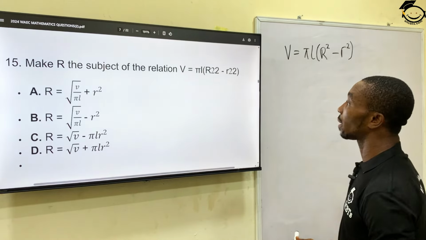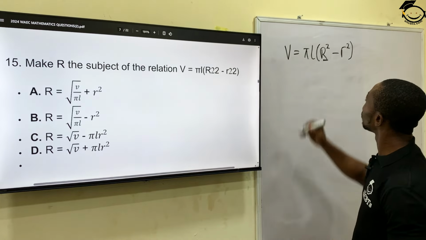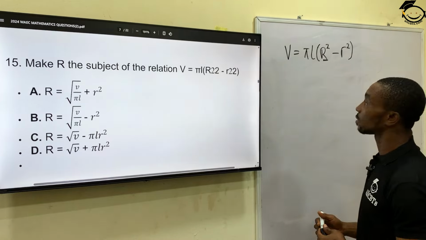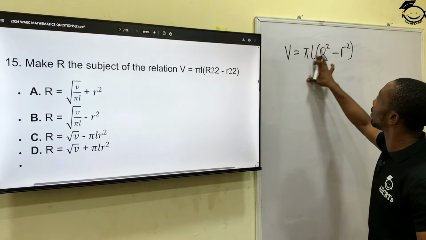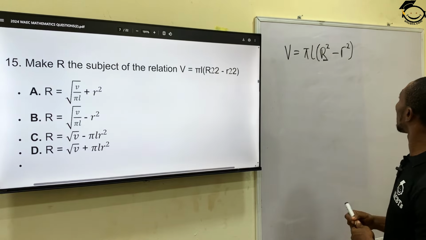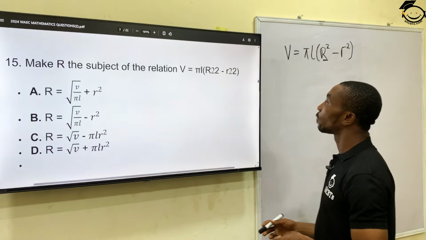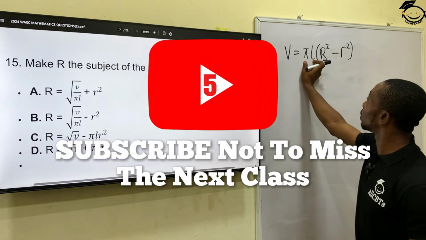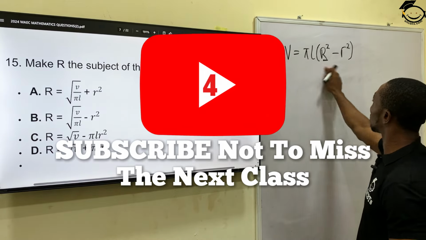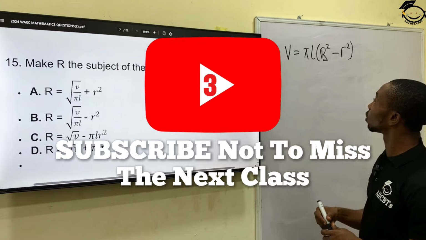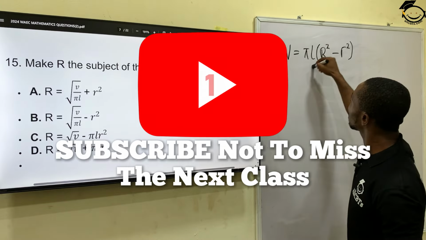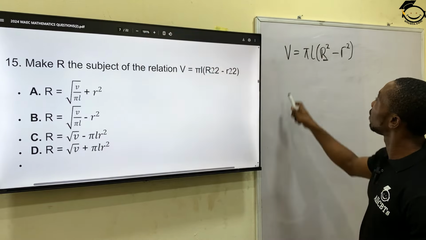Now, for us to make R, our big R, stand alone, first of all, we have to eliminate everything beside it. We know that in mathematics, we work with opposites of whatever we have. Now, this is multiplying, and the opposite of multiplication is division. So, in order to eliminate this, we'll divide both sides by pi L.